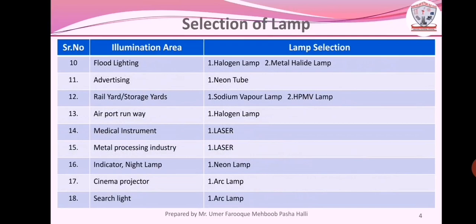Railway yard and storage yard, sodium vapor lamp and HPMV lamp. Airport runway, halogen lamp. Medical instrument, laser lamp. Metal processing industries, laser lamp. Indicator light, night lamp, neon lamp. Cinema projector, arc lamp. Surge lighting, arc lamp.